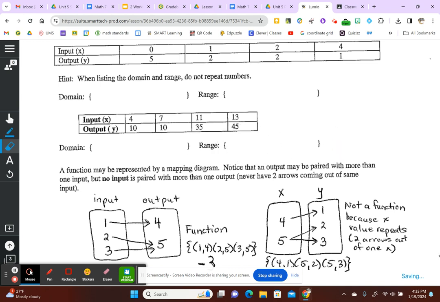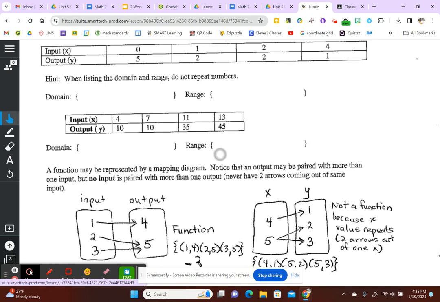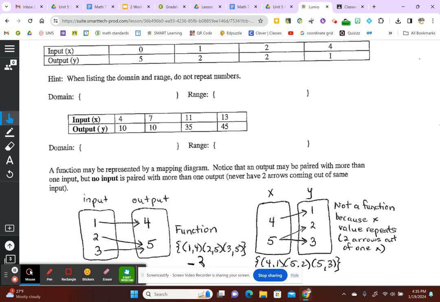Okay, now we're going to go over again how to recognize if it's a function or not. So instead of an input-output table, we're using what's called mapping. This is a mapping diagram. This is your input, this is your output.